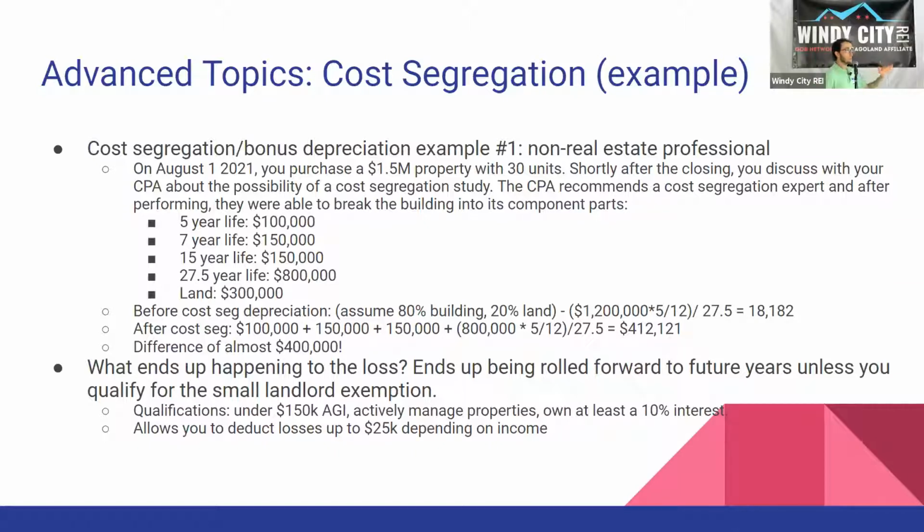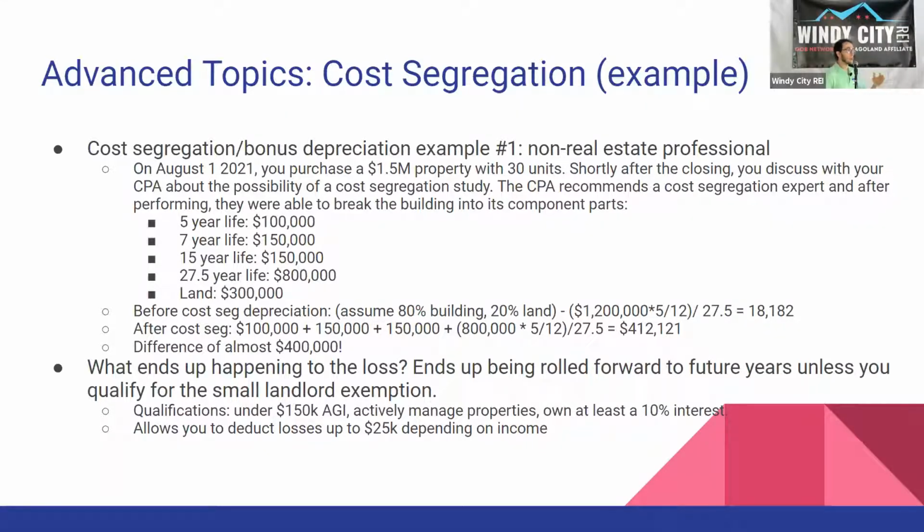And so after that, they determine, after breaking the building out into its component parts, of that 1.5 million, you have a 5-year life of 100,000, 7-year life of 150, 15 of 150,000, then the rest is just building, which would have been depreciated normally over 27.5 years, for 800,000.